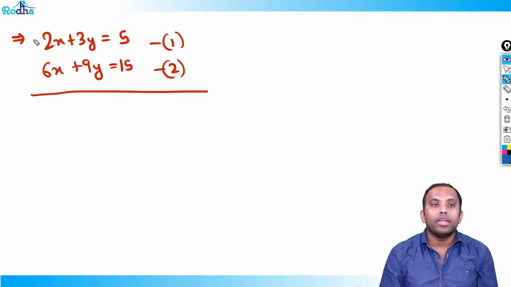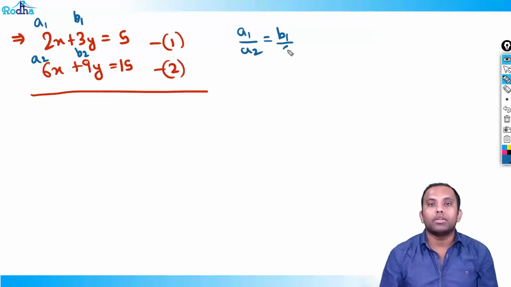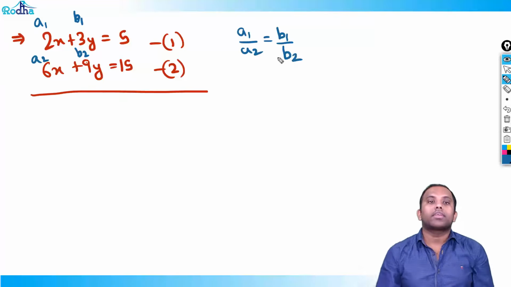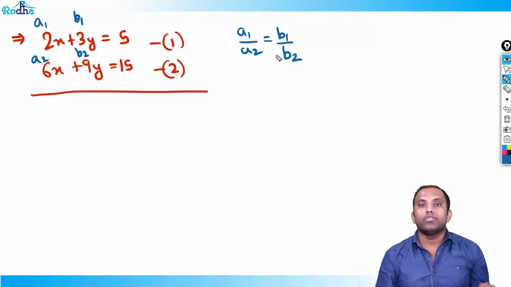See, a1 is 2 and b1 is 3, a2 is 6 and b2 is 9. So you can see here a1 by a2 is equal to b1 by b2. Therefore this is the condition for not a unique solution.